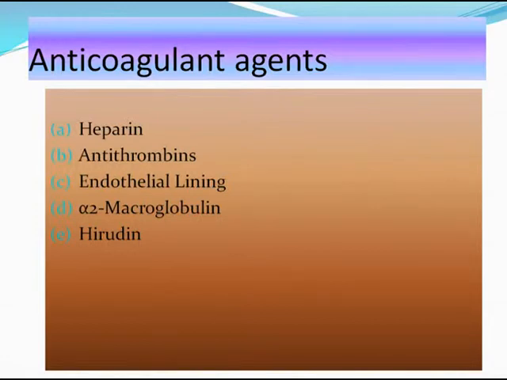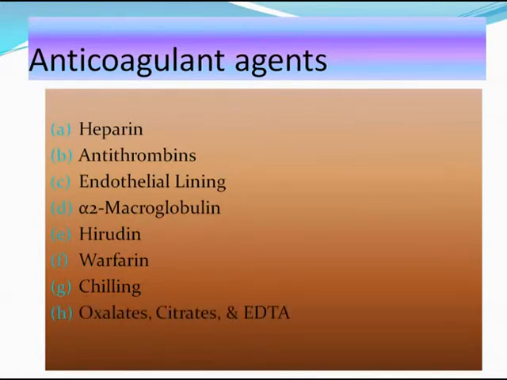Warfarin. It is a coumarin which blocks the activity of vitamin K in liver so that liver is unable to produce prothrombin and clotting factors. Chilling. Chilling reduces the activity of enzymes that produce clotting. Oxalates, citrates and EDTA. EDTA is ethylene diamine tetraacetic acid.